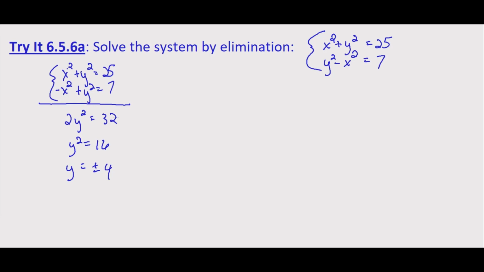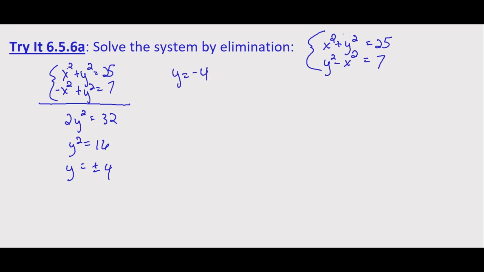So now we substitute back into either one of the equations the values that we just found for y, and then we solve for x. So let's start with the negative value, y equals negative 4.